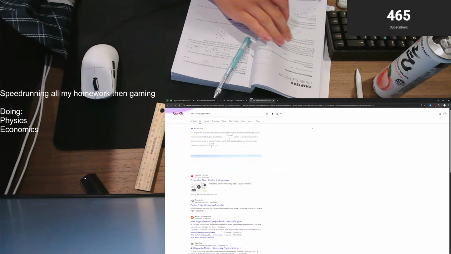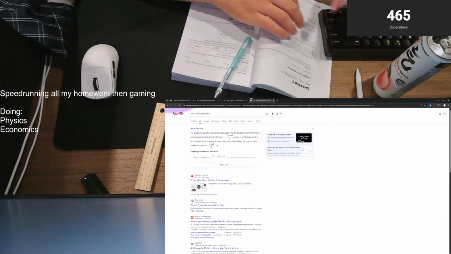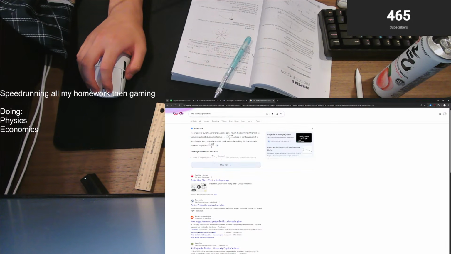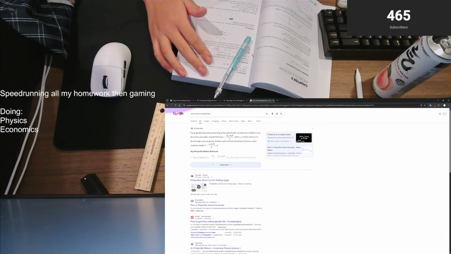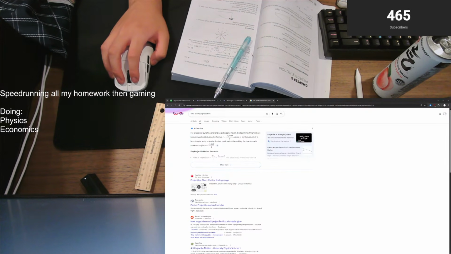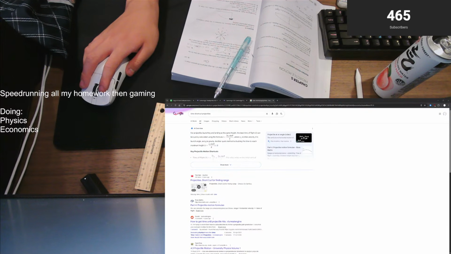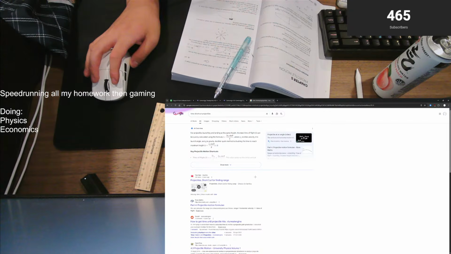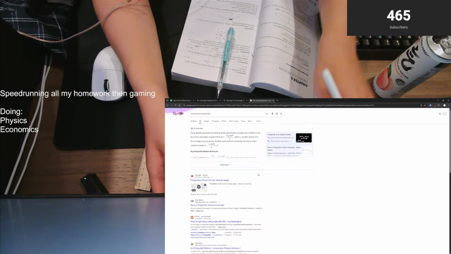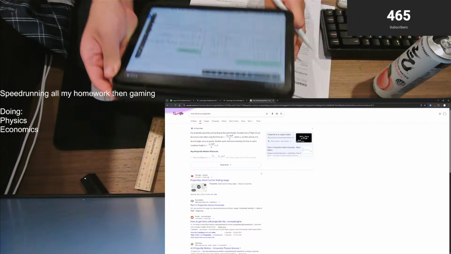Type 3 projectile. Should I write this down?